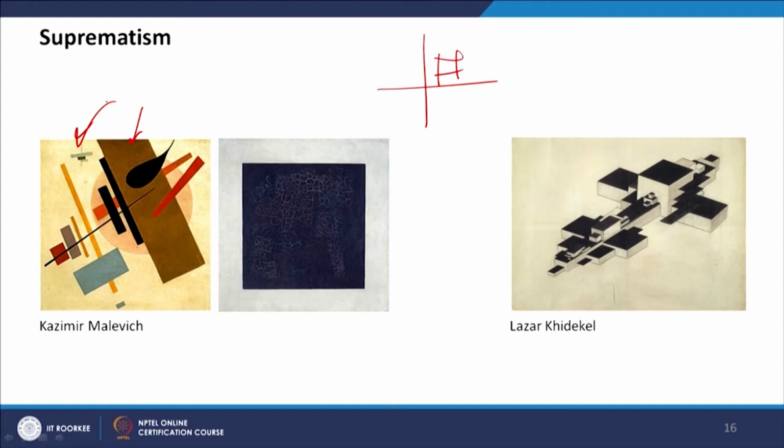And Lazar Khidekel is one of the architects who transferred Suprematism, the combination of different boxes, into a three-dimensional object, a three-dimensional depiction.